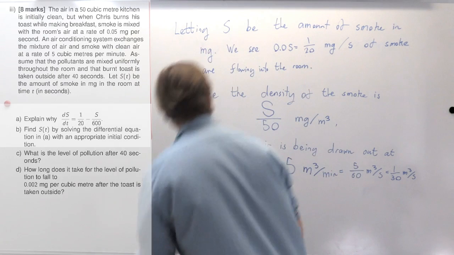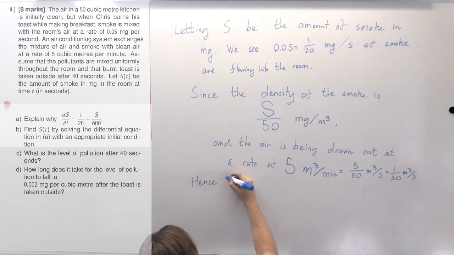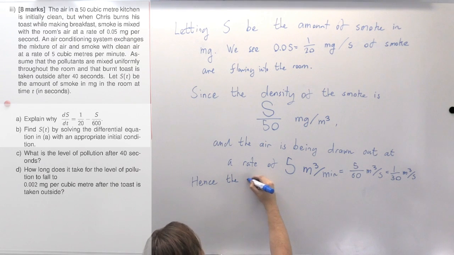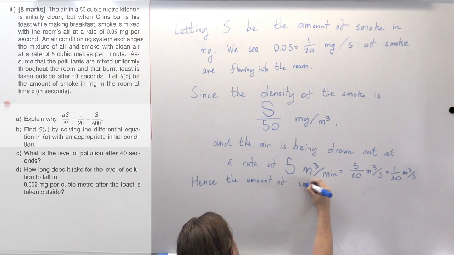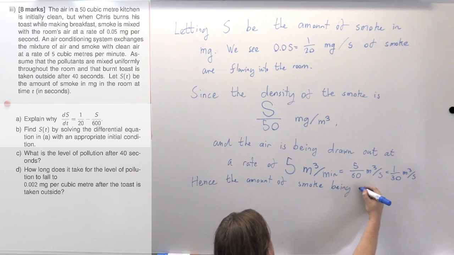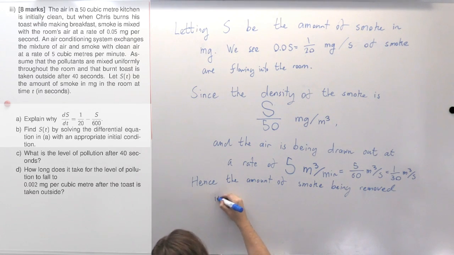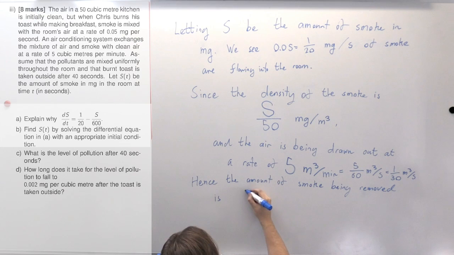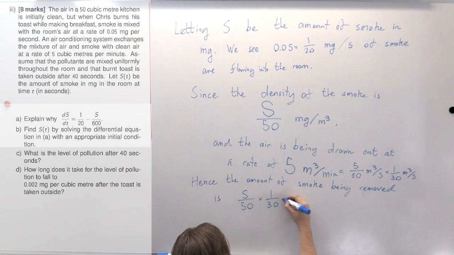So overall, the amount of smoke being removed is the product of these two: the density times the rate of flow.